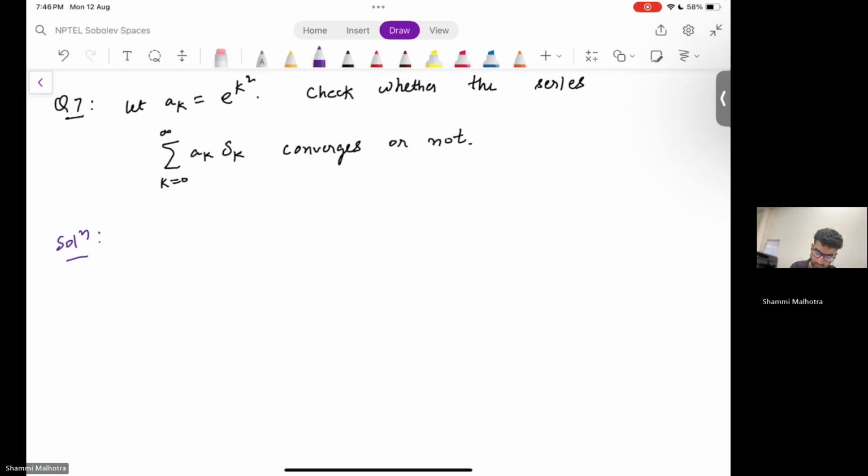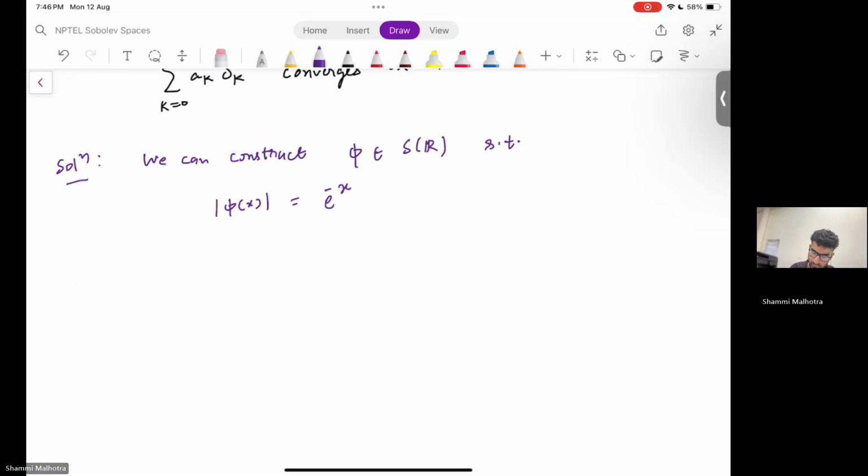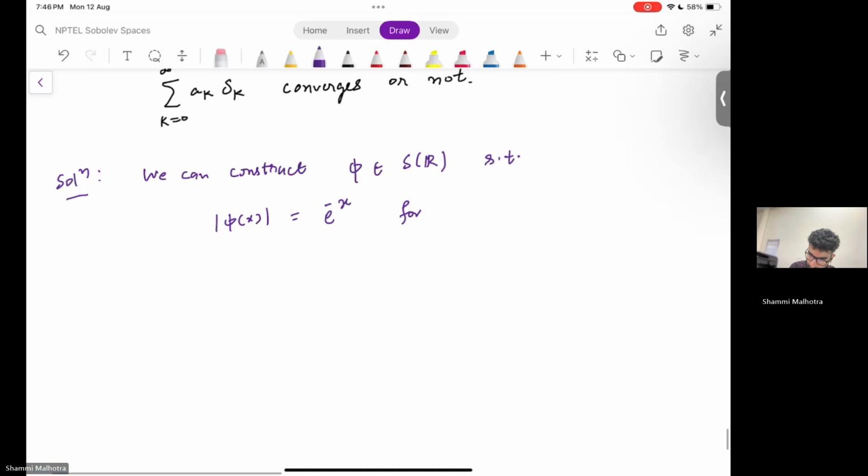So we can construct a phi from this Schwartz space such that the mod of phi(x) is equal to e raised to the power of minus x for mod x greater than or equal to 1.